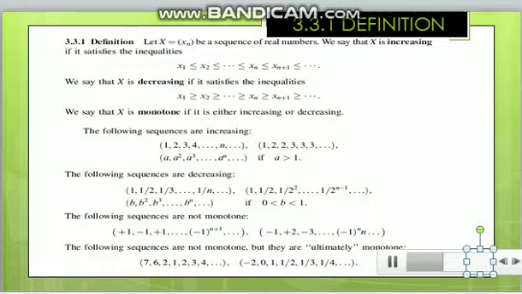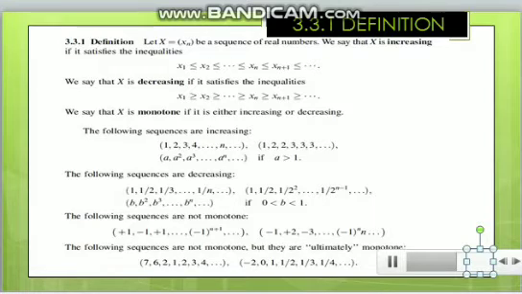Example: the following sequences are increasing, like 1, 2, 3, 4, 5, 6, 7, 8, 9, 10, or a to the power 1, a to the power 2, a to the power 3, up to a to the power n.